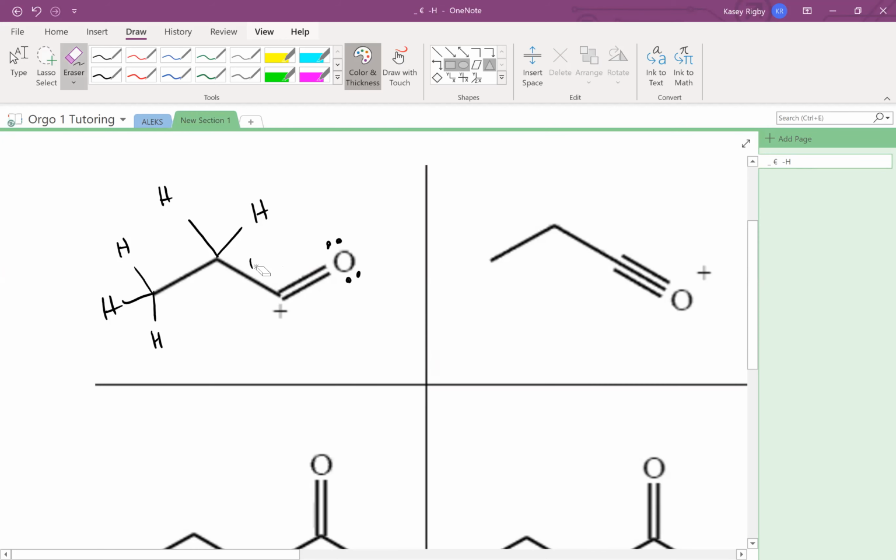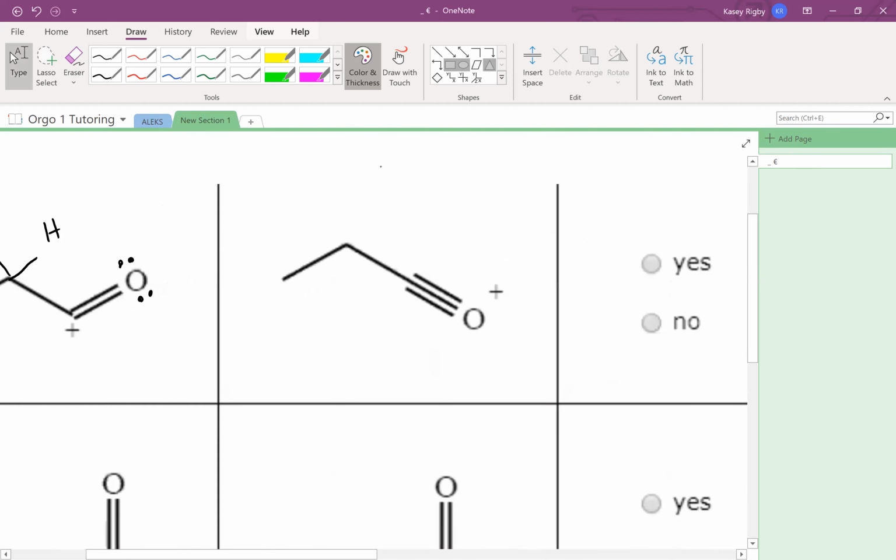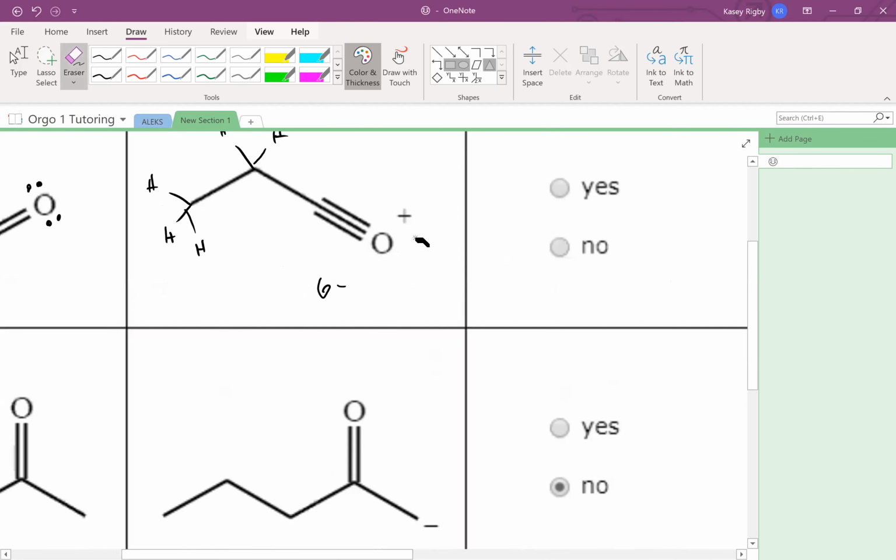And then I'm going to draw in the lone pairs for this oxygen. All right. Now I'm going to do the same thing with this one right here. 3 hydrogens, 2 hydrogens, no hydrogens. And if this is positively charged, it's going to be 6 minus 3 minus X equals plus 1, because we're trying to figure out the number of lone electrons. 6 minus 3 is 3, so X equals 2.